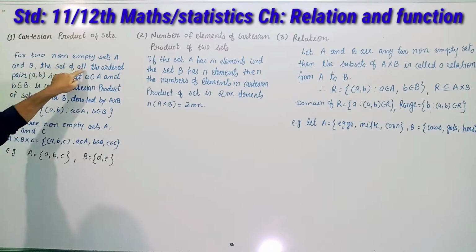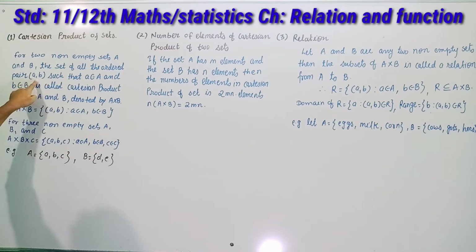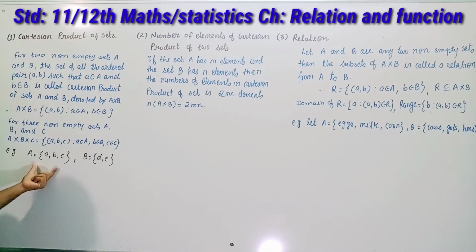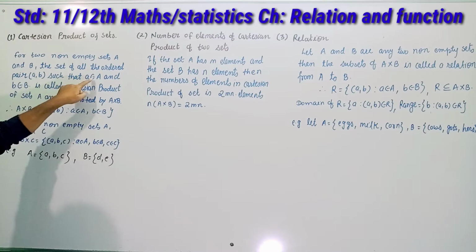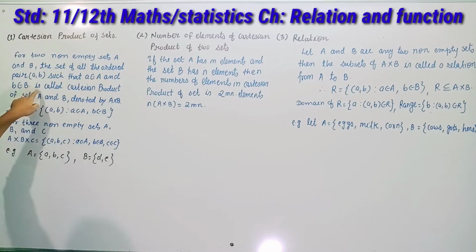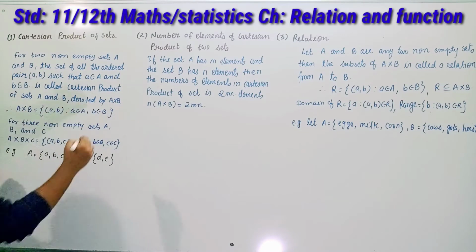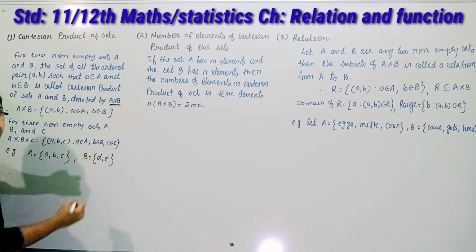The set of all ordered pairs (a, b) such that a belongs to A and b belongs to B is called the Cartesian product, and it is denoted by A cross B.